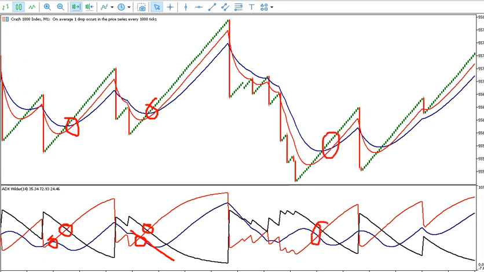When they cross together, then the question is, when should I close the trade?